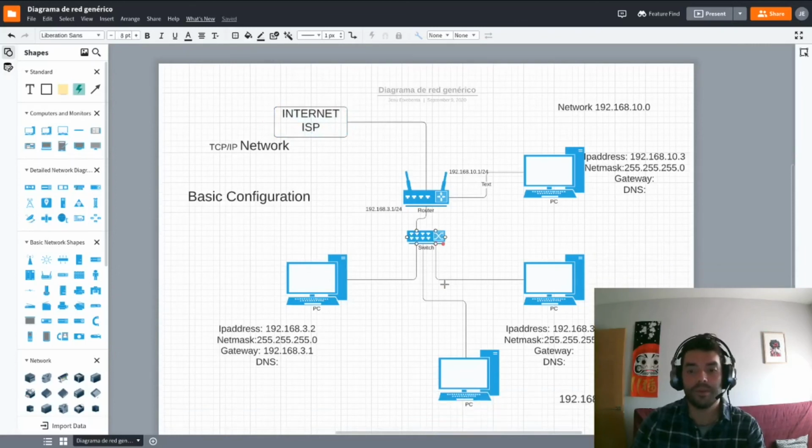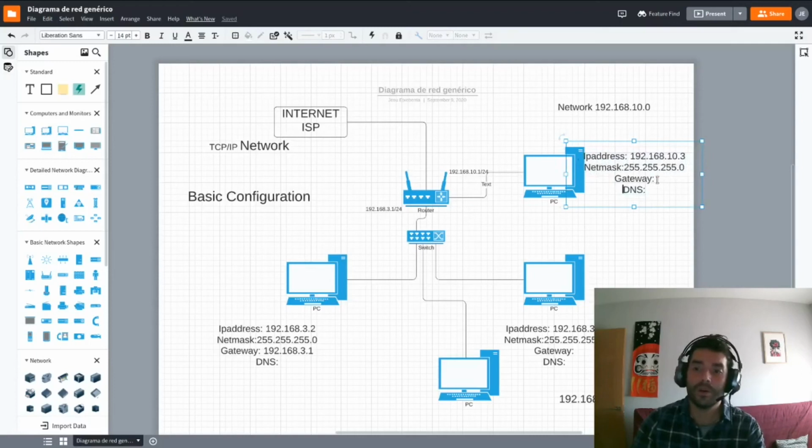So first of all, we've talked about IP addresses, net masks, and gateways. And also for this computer that is just alone in its network, there's no other computer of its network, okay?